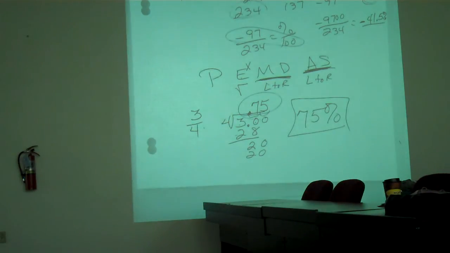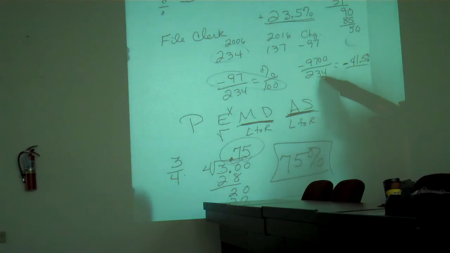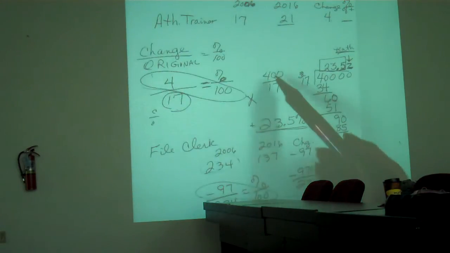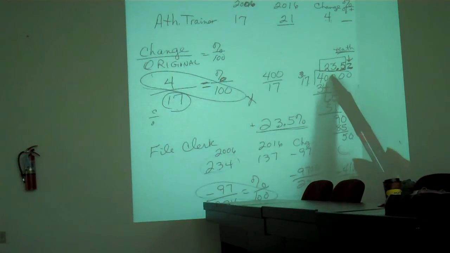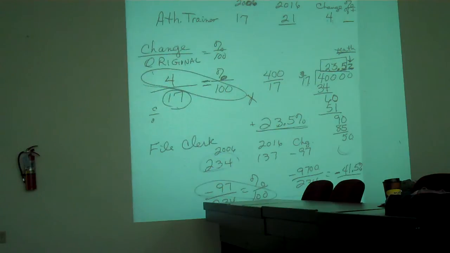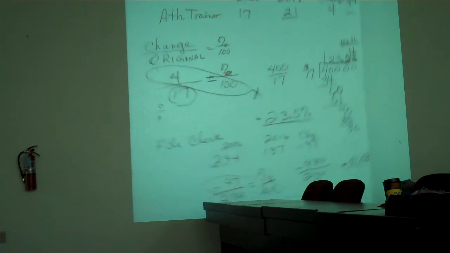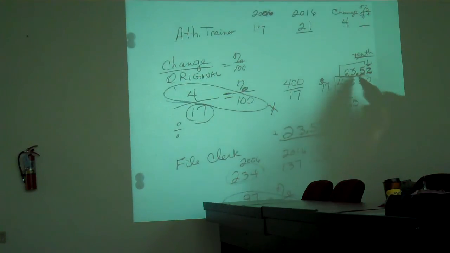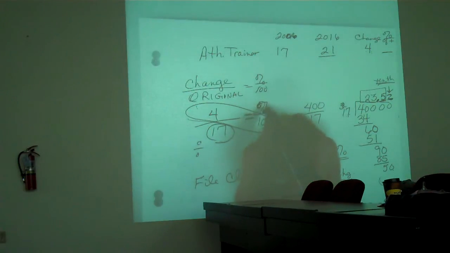How come we don't change our ones up there? We don't go 2 times over, change it to 2%. Because there's already a percent. This one? When we divided it, it did turn it to a percent. Oh, right. This over this, when you did that divided by that, it changed it to a percent. Okay, so we did change it. Actually, it made it a percent because that's how you do this already.